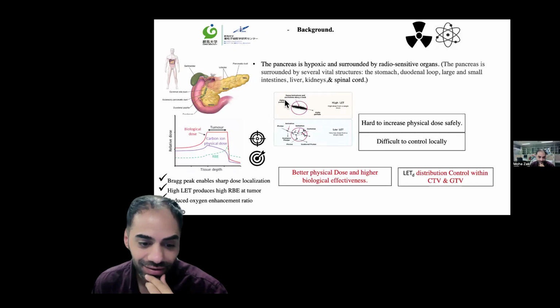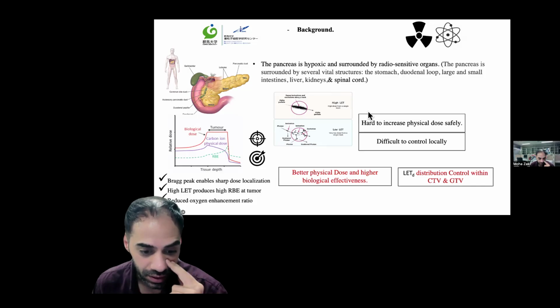Pancreatic cancer is difficult to treat with radiotherapy for two main reasons. One is that the pancreas is located close to several radiosensitive organs, including the stomach, liver, kidney, spinal cord.